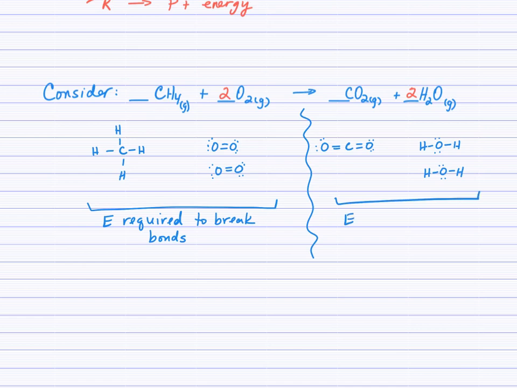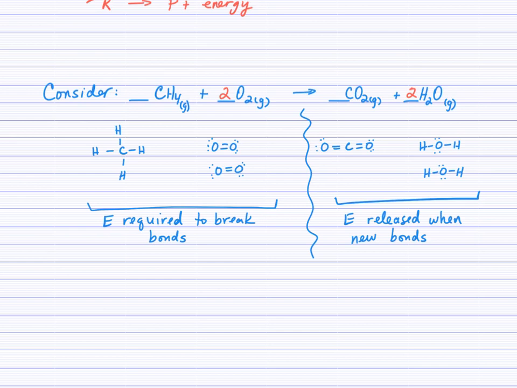Well, energy is always released when new bonds are formed, which you can go back up to our ozone example and see that energy is being released when the ozone molecule is being formed. And our first example showed that energy was required to break the O2 molecule up into free oxygen atoms.